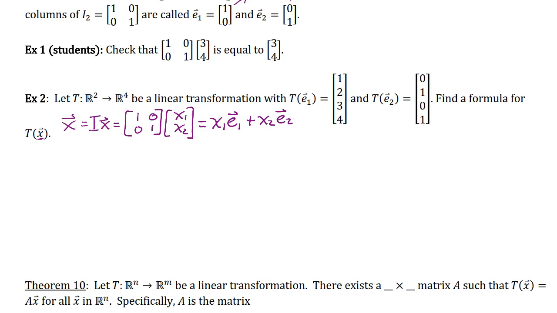Now, if we think of it this way, then we can say that x is a linear combination of these identity matrix columns, which it is. And we can use the definition of a linear transformation because we're assuming that this is linear, right? So it had better give you the same thing whether you do this linear transformation in the input or do the corresponding linear transformation in the codomain. Here's what I mean by that.